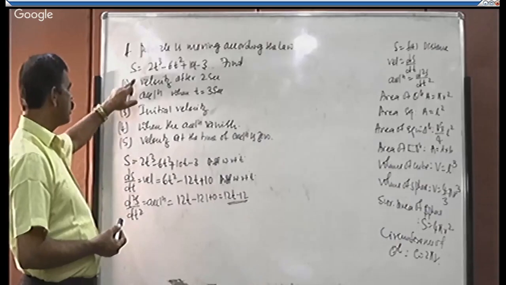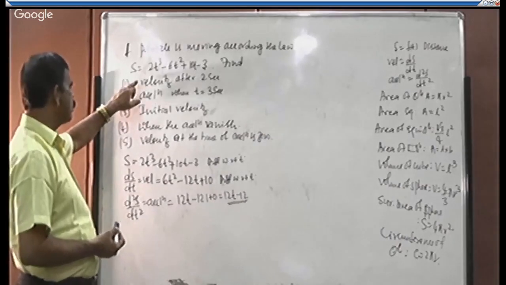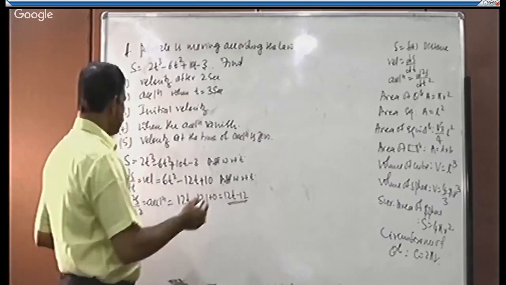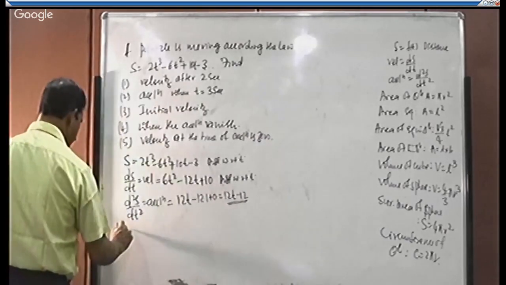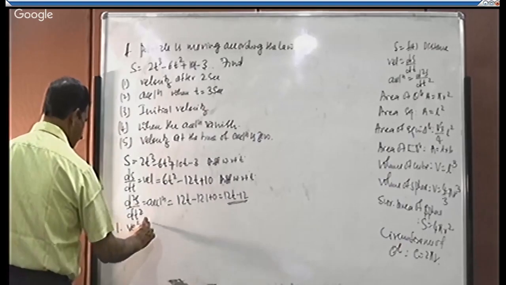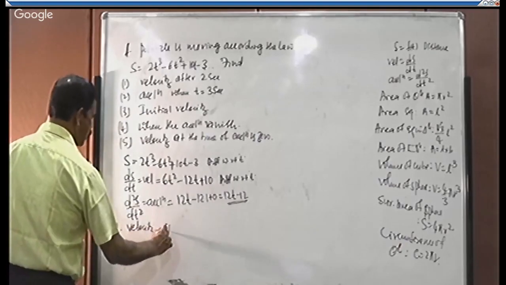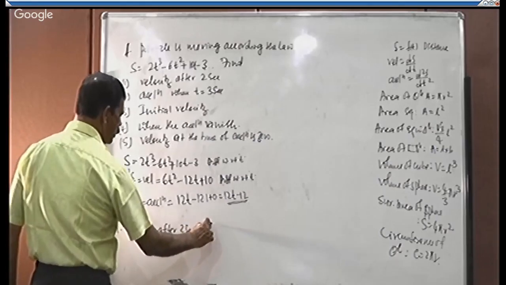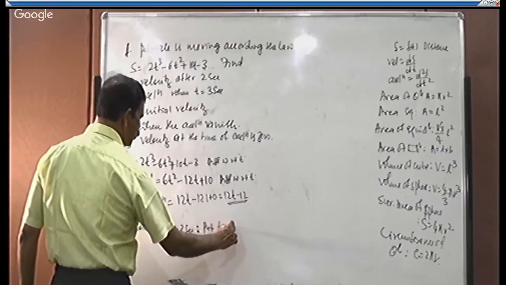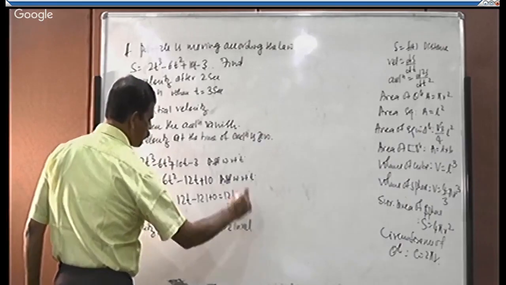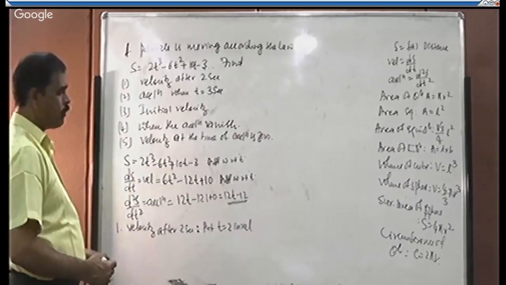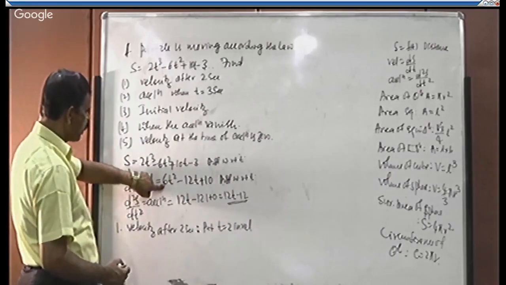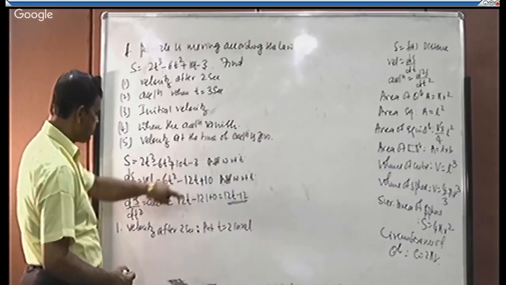Now calculate individually. First one is what? Velocity after 2 seconds. It means put t is equal to 2 in velocity. Velocity is 6t square minus 12t plus 10.